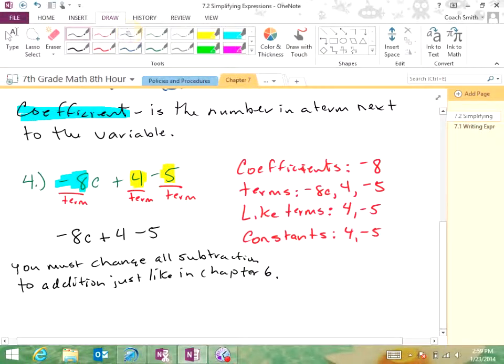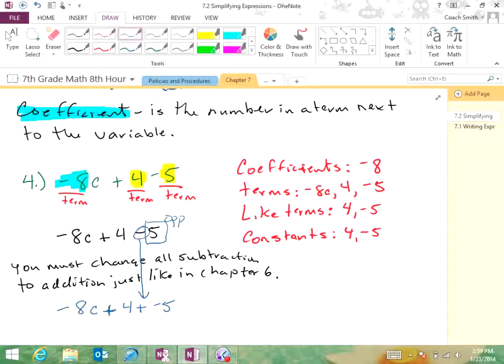Okay, so that means I must do this. Negative 8c plus 4, change that to addition, do the opposite of the number behind it, which makes it negative 5. So this negative 5 here is where I came up with the negative 5 over there.